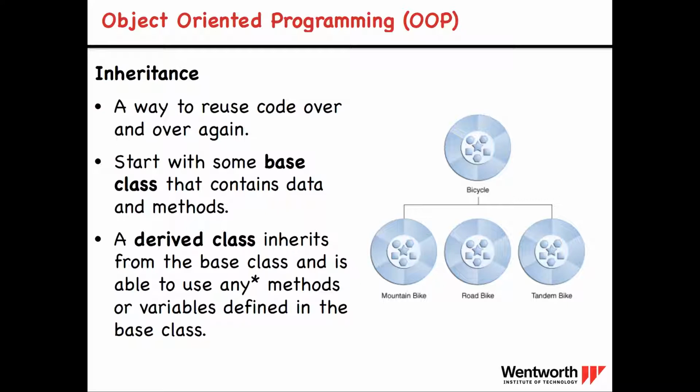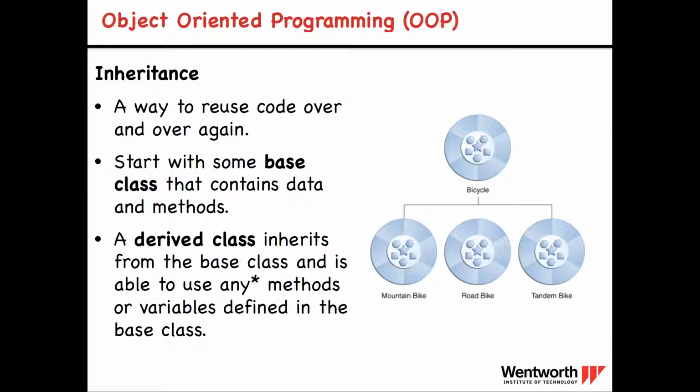Typically, you start with some base class that's going to contain data and methods. Then you create derived classes that inherit from the base class and are able to use any of the methods or the variables defined in that base class.